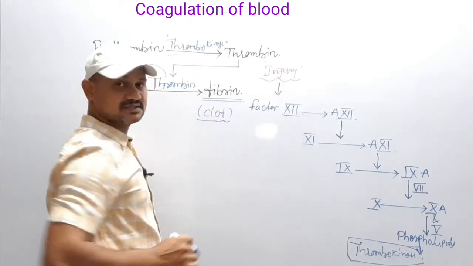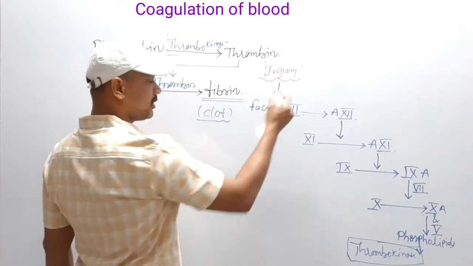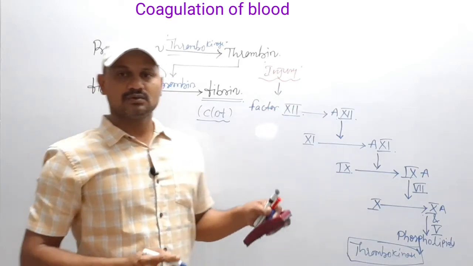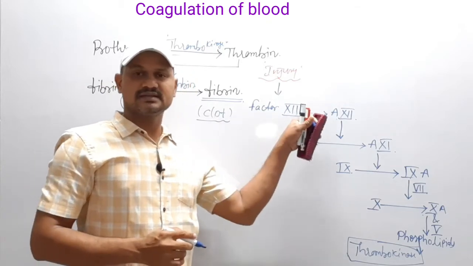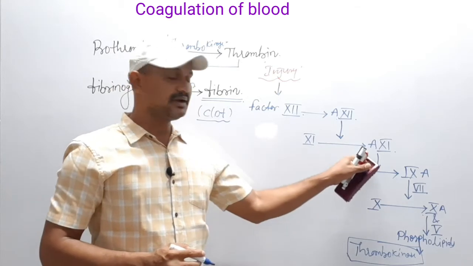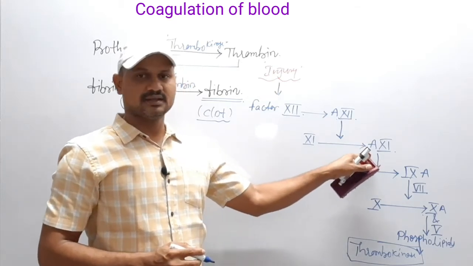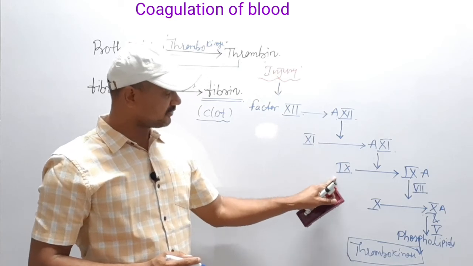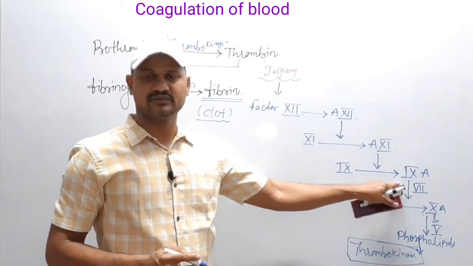So what is the first step? The injury part alerts which factor? The 12th factor. When the 12th factor is activated, it acts on the 11th factor and immediately the 11th factor is activated, and the 11th factor acts on the 9th factor. So the 9th factor is activated.